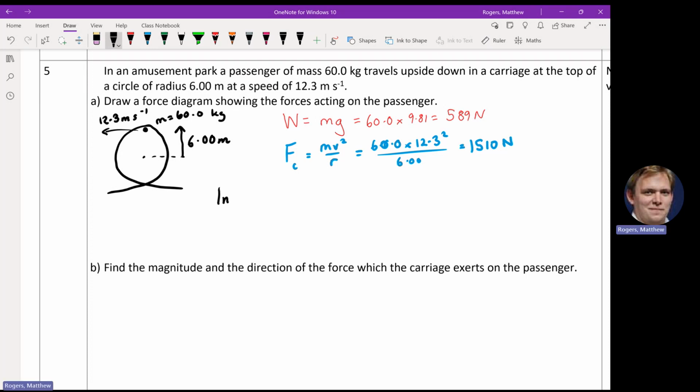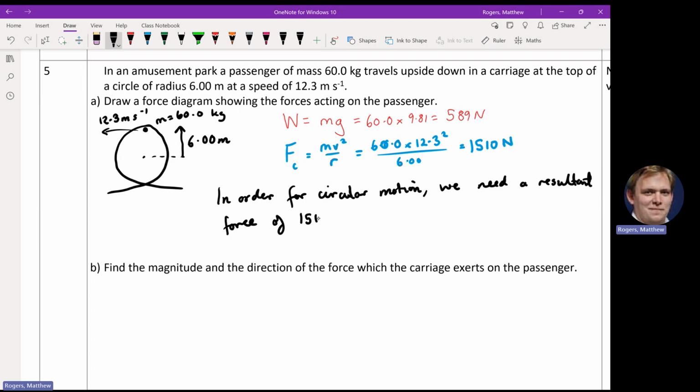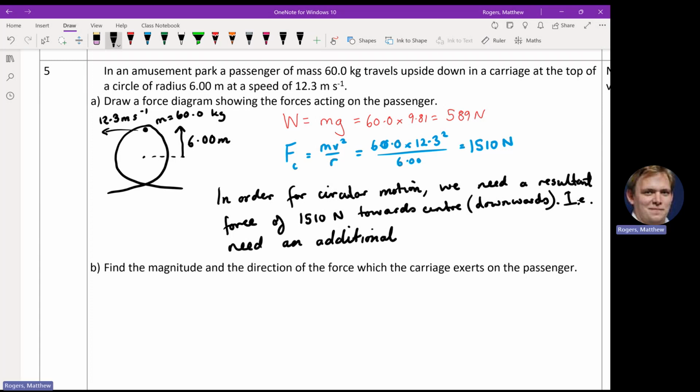So in order for circular motion, we need a resultant force of 1510 newtons towards the center, which in this case, of course, is downwards because we're at the top of the loop. i.e., we need an additional force, so the difference between these two, 1510 and 589, so that's 921.